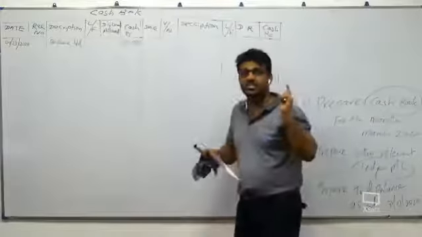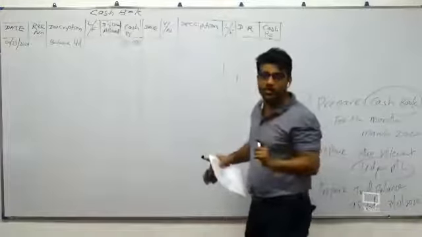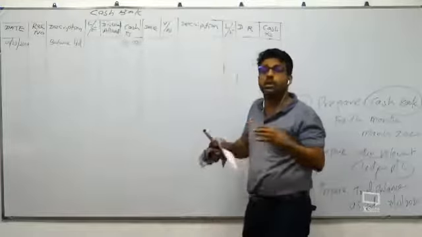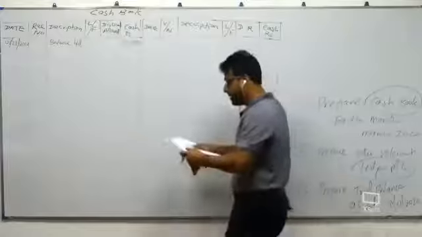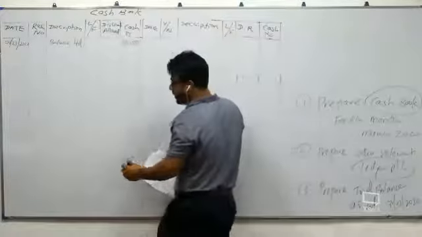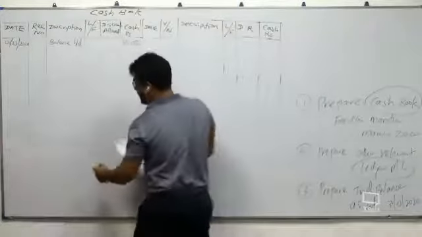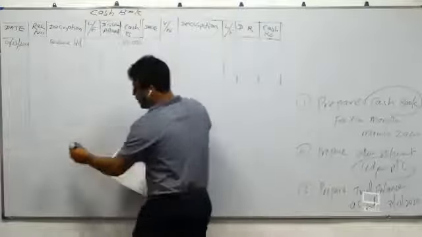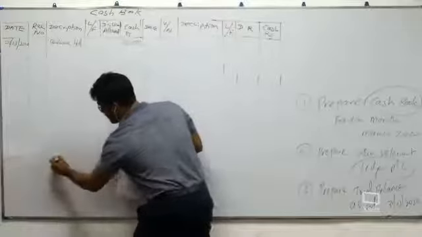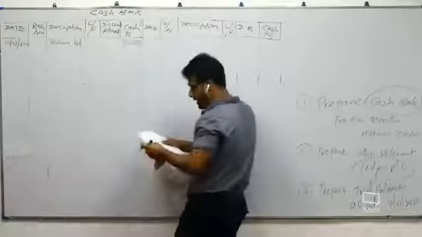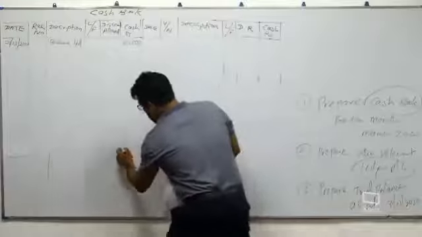My advice to all of you, before you start recording double entries, before you start recording any other entries, the first thing that you have to do, better you can open a T account for the balances that they have given. They have given you a capital, they have given you two creditors.